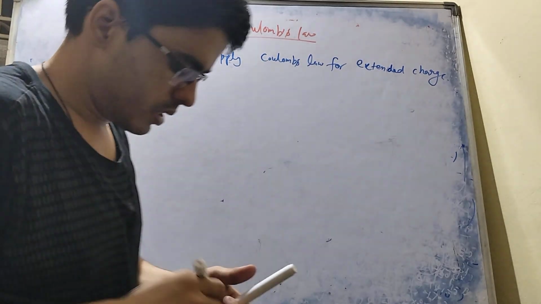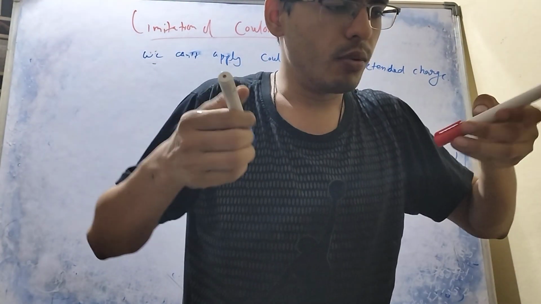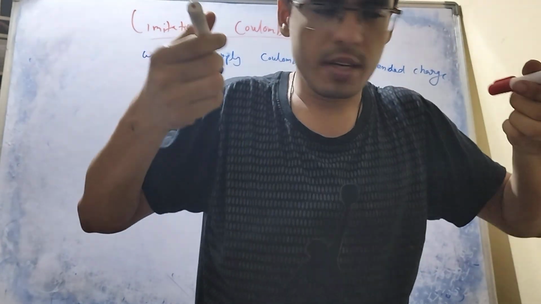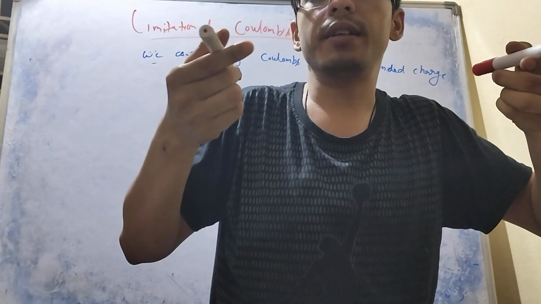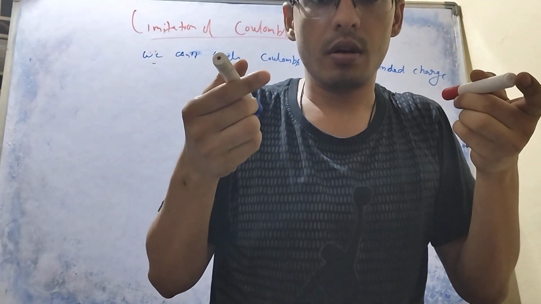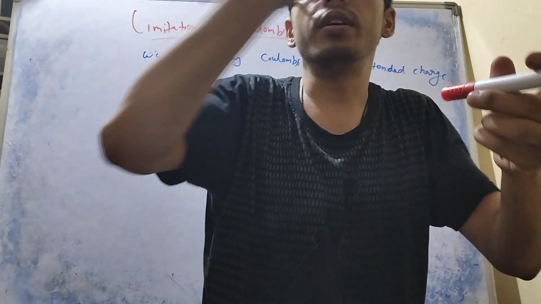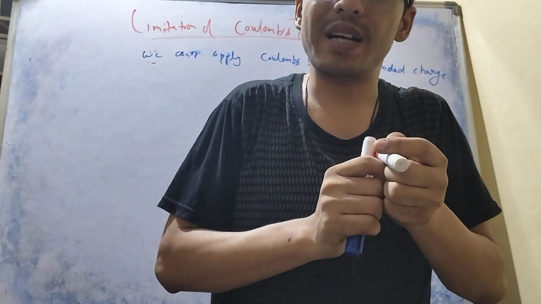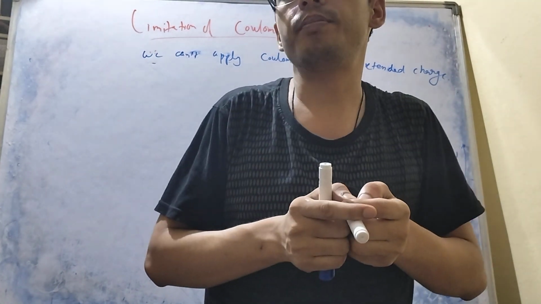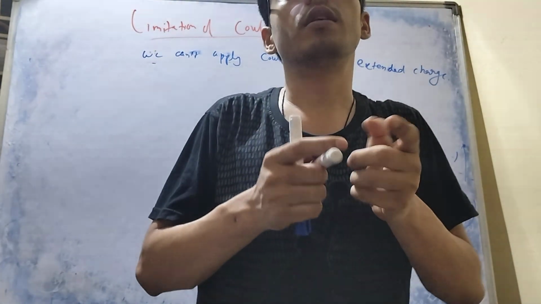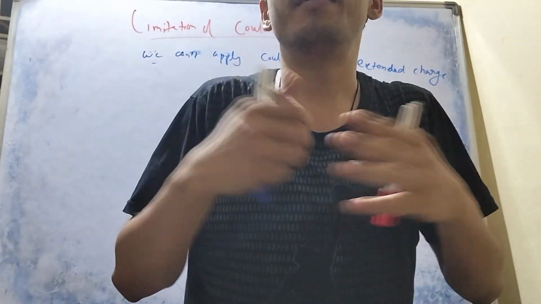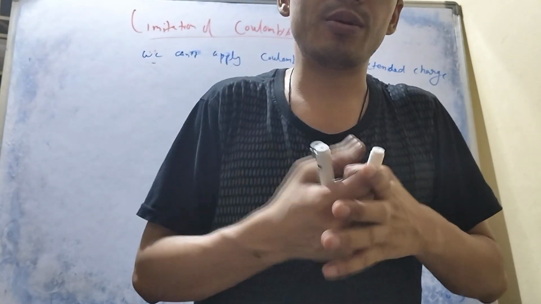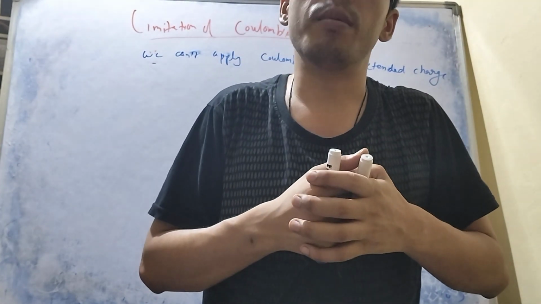And one thing, see, this charge Q1 assume is a point charge and this is also a point charge. Both are present in rest condition. Okay, we can apply Coulomb's law. Suppose one is moving, but one charge is at rest. Here also we can apply Coulomb's law. But if both are moving, in this case this is part of dynamics, and in case of electrodynamics, we cannot use Coulomb's law, right?